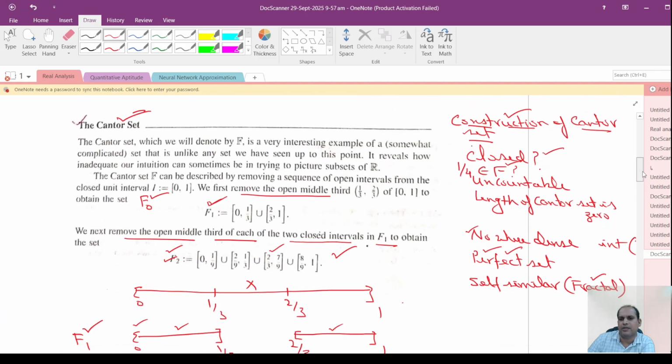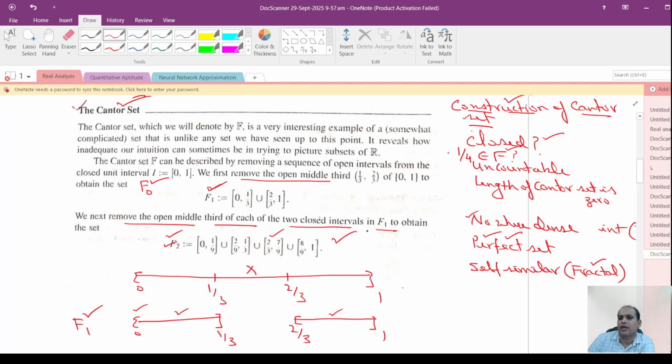Now, the next part is how to identify whether any given real number is a member of the Cantor set or not. This can be very well explained using the ternary representation of a real number. So, let me add one page here for the purpose of explanation.